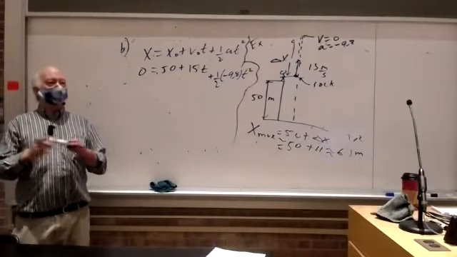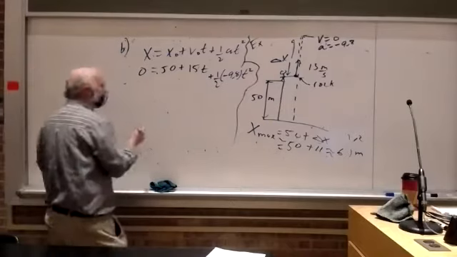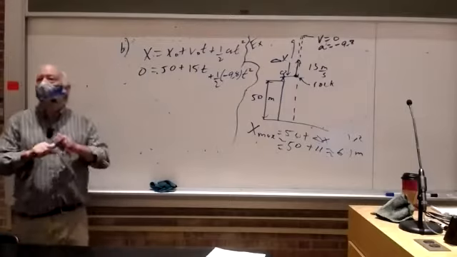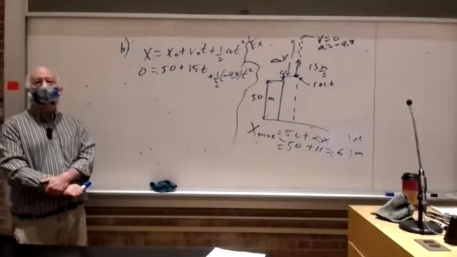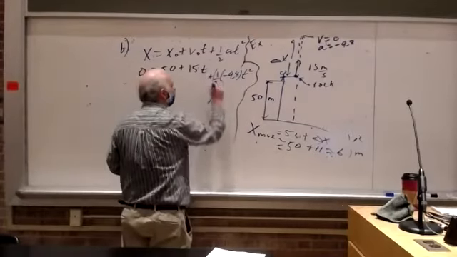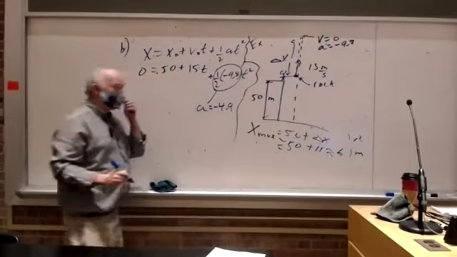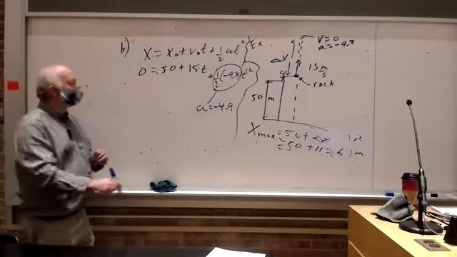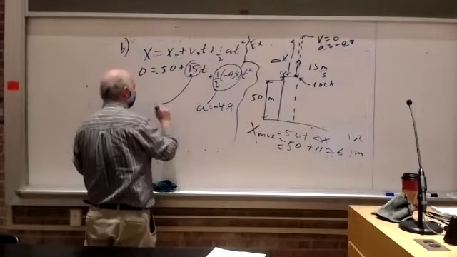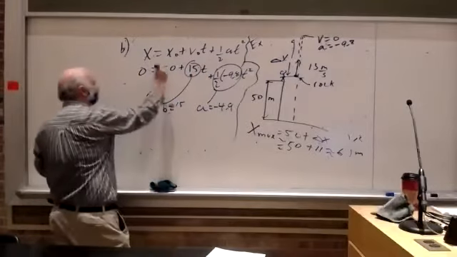Hey, what kind of equation is this? Quadratic. Okay, so what is A, what is B, what is C? Yeah, this is A, which is really minus 4.9. B is? And then here's my friend C.